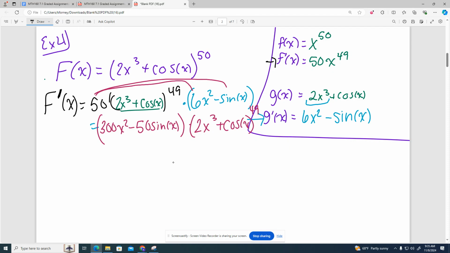Okay, now let's look at one with a secant. So let's say we have f of x equals secant of 1 minus 5x.